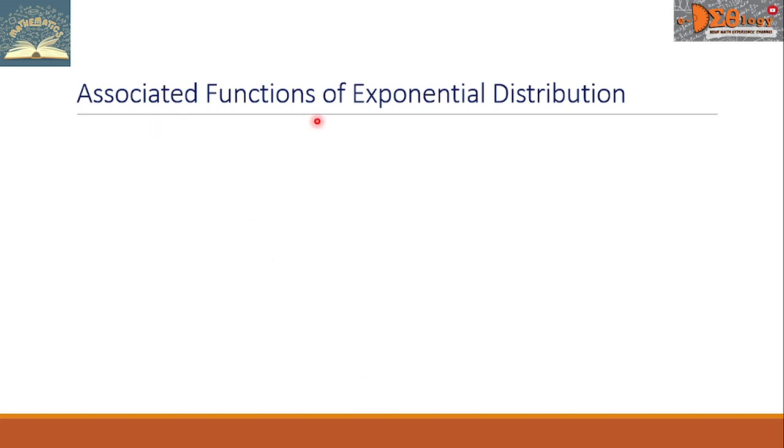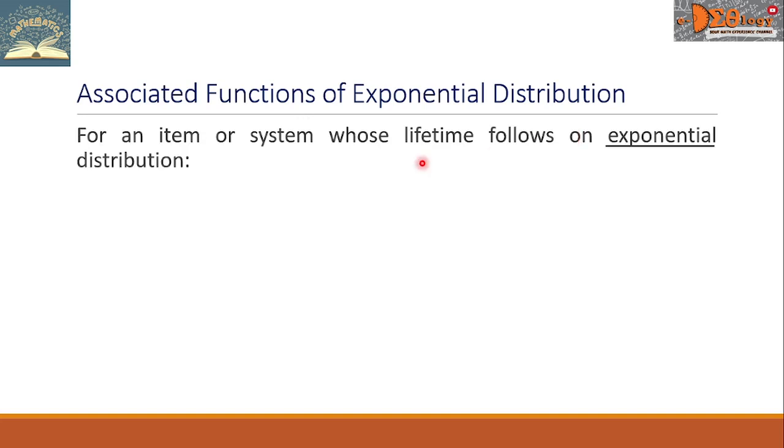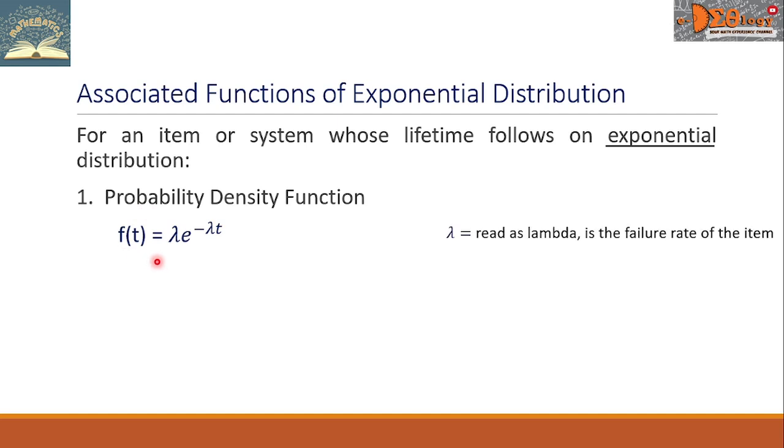There are associated functions of exponential distribution. For an item or system whose lifetime follows an exponential distribution, first function, we have the probability density function. It is denoted by small f of t, and this is equal to lambda times e raised to the product of negative lambda times t.